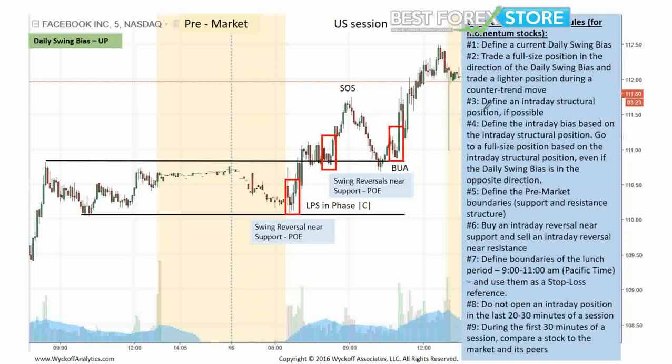But you also can define an intraday structural position, and you can develop an intraday bias based on that intraday structural position. And we've talked with Karen about that, right? So if we have, let's say, this structure right here, and I know that this is a sign of weakness, I'm sorry, a sign of strength.